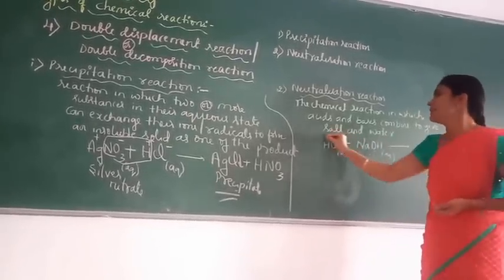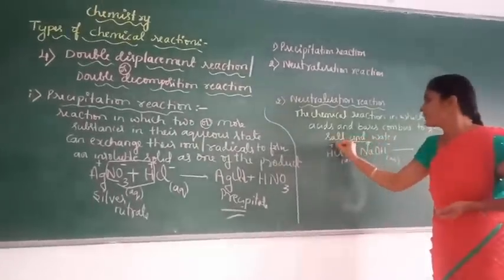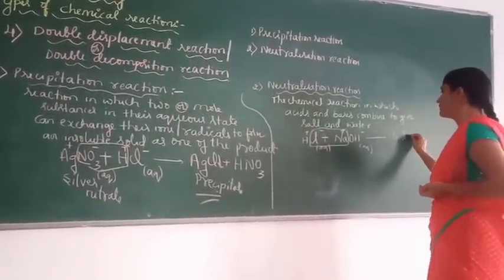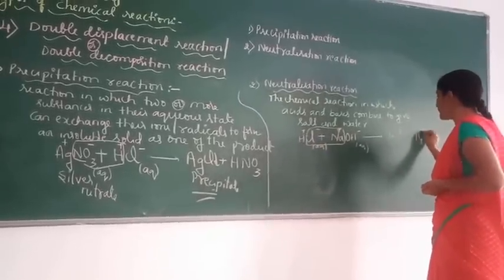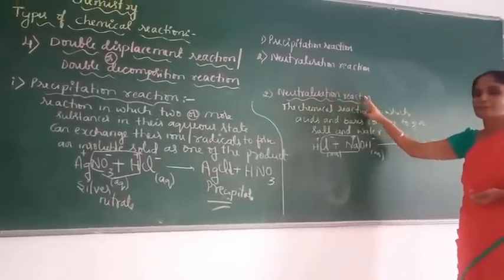Here H plus, Cl minus, Na plus, OH minus give NaCl, which is a salt, plus OH and H combine to give H2O. So this is an example of a neutralization reaction.